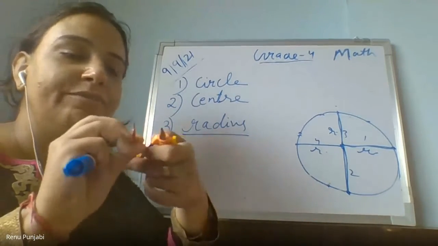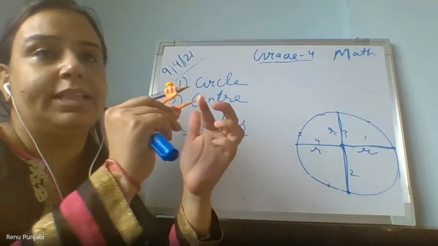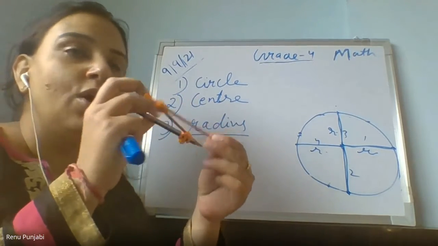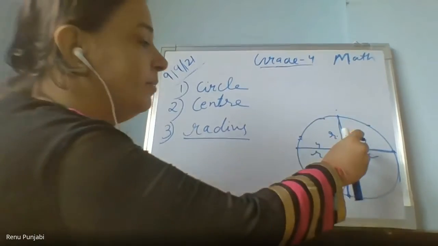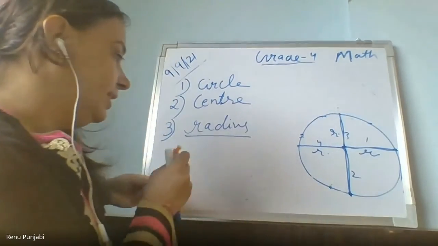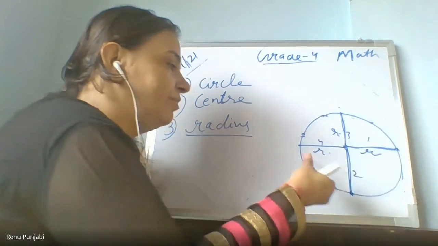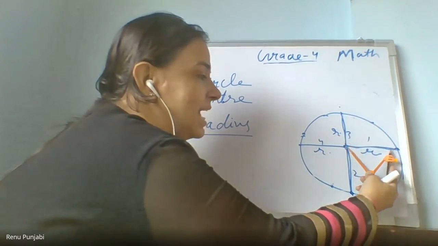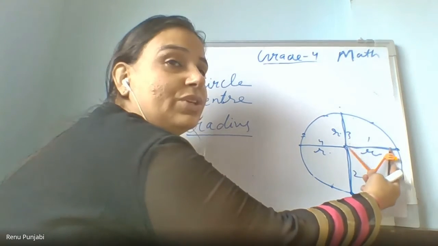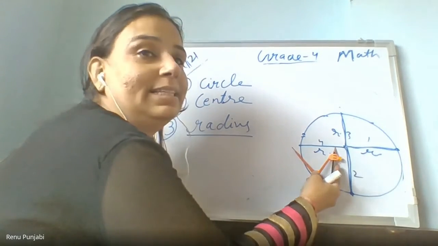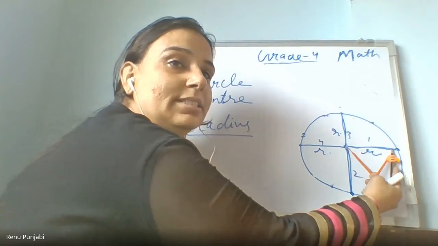You have taken it from the center, then you put it down and draw the circle. So I am putting it on this center and drawing this circle. Suppose this circle has been drawn from this length. So this length is the radius of the circle, not the full length, only this much.